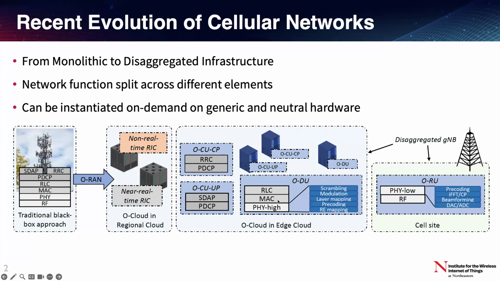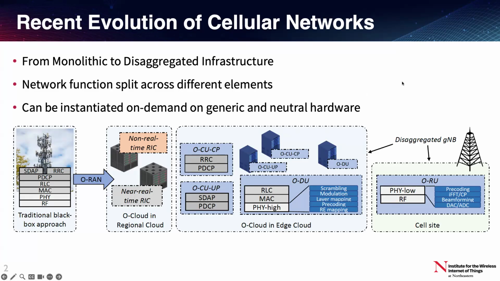The DU component takes care of the high physical layer, MAC layer, and RLC. And then we have the lower layers, the low physical and RF layers, which are taken care of by another component called the RU. So RU is the radio unit, DU is the distributed unit, and CU is the central unit.